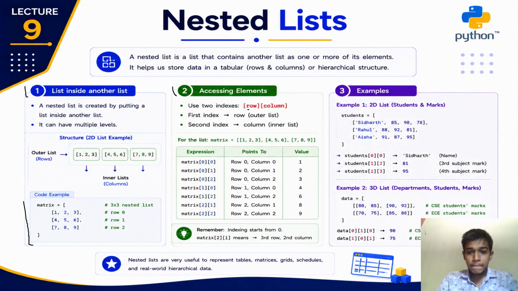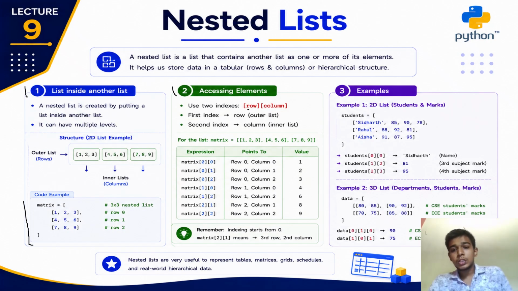For example, matrix[0][0] points to row 0, column 0, and the value will be 1. Now you see matrix[0][2]. This row and this column, the output will be 3. Similarly, all these examples are given here.